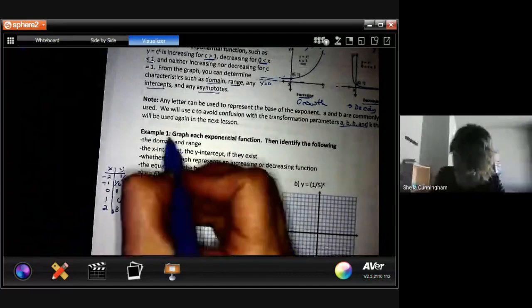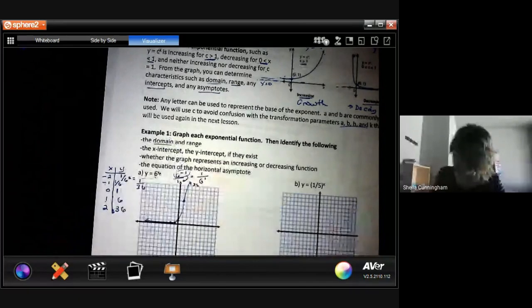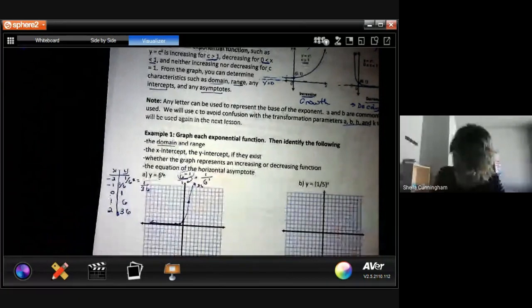It says, what's the domain? So if I think of domain here, what would my domain be? Think of domain as your x values. Do you have any limitations on your x values?